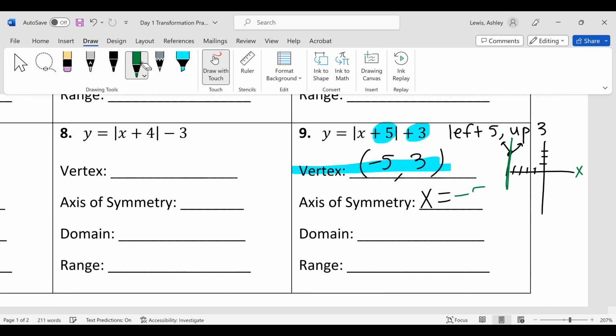So my axis of symmetry is x equals negative 5. Again, it's the opposite of right here. It's always going to be the opposite. My domain is going to be the same for all of these. It's going to be all real numbers, because absolute value graphs, all real numbers. They go forever to the left, forever to the right. All real numbers.